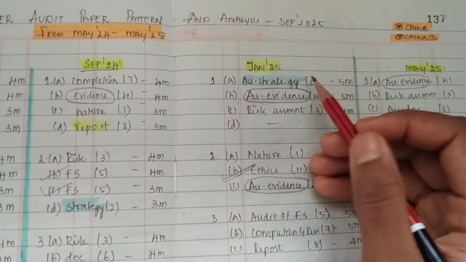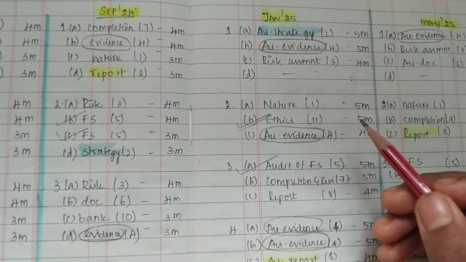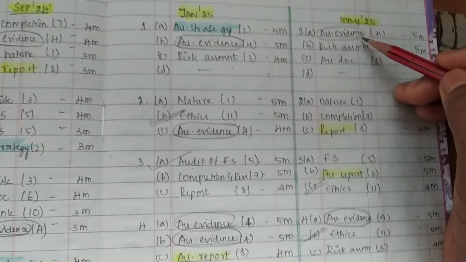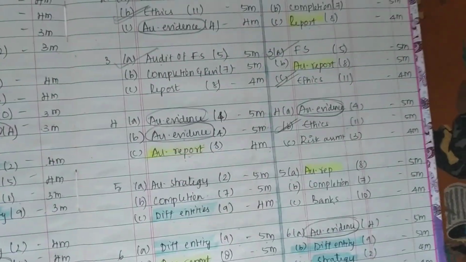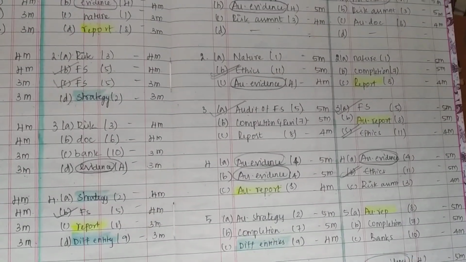And in the January 25 attempt, here it is an audit of financial statement. Also in the May 25 attempt, they have asked the financial statement here. So financial statement is more or less tested in the examination.